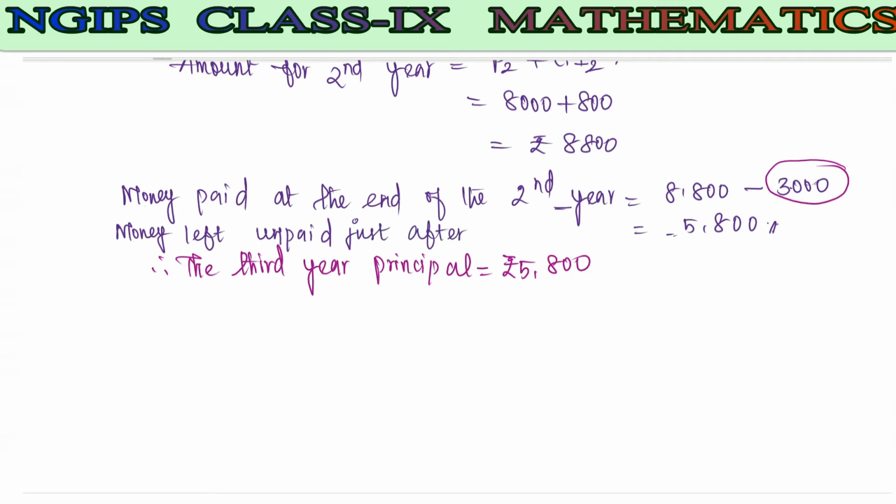Just after the second year it is 5,800 rupees. This is going to be carried forward as the third year principal. So this is the final answer.